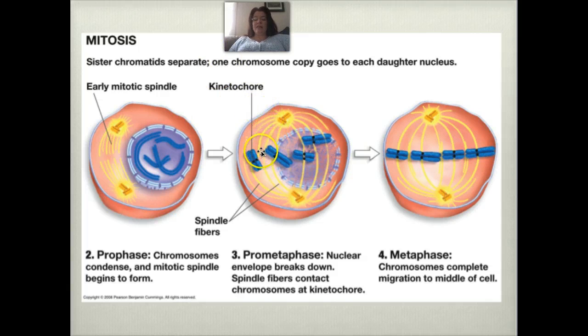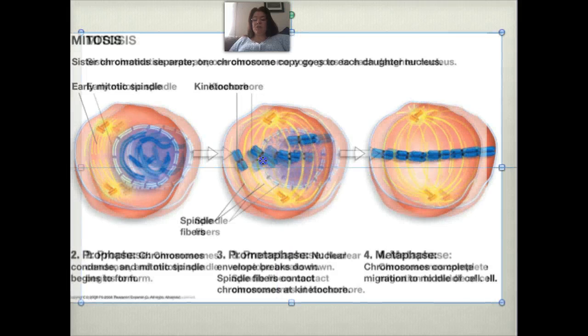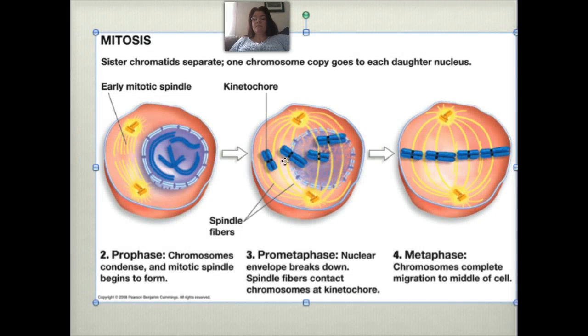At prophase, two important things are happening. First, the nuclear envelope is breaking down. It's disappearing and it's releasing the paired copied chromosomes into the cytoplasm. In addition, the spindle apparatus is moving into position. So now we have a pair of centrioles at one pole in the cell, the north pole if you will, and we have a second pair at the south pole, and our spindle fibers are stretched all across the cytoplasmic area of the cell.